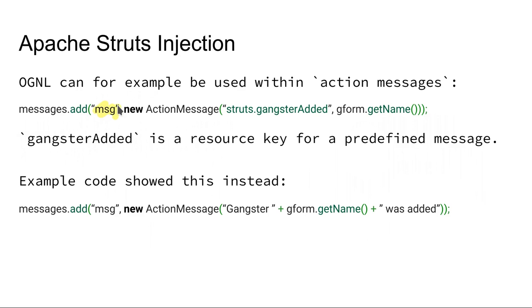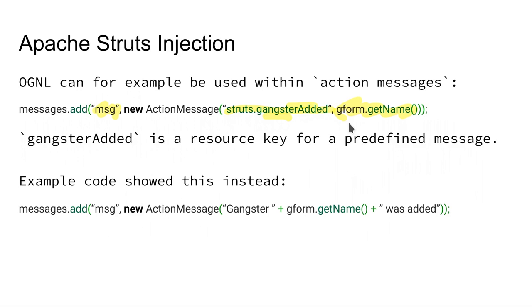The name of the message is MSG. And then we create a new action message. What you're supposed to do is supply the name of a registered action message and then variables that are supposed to be placed in this registered action message.